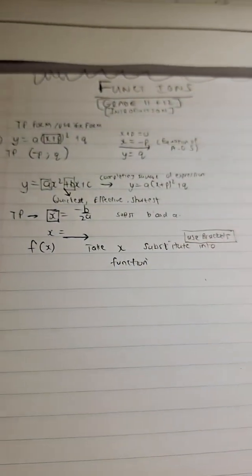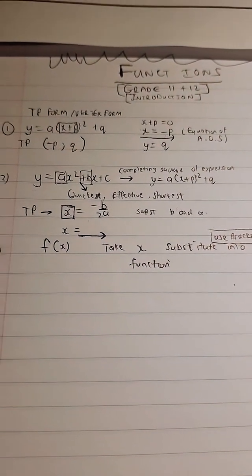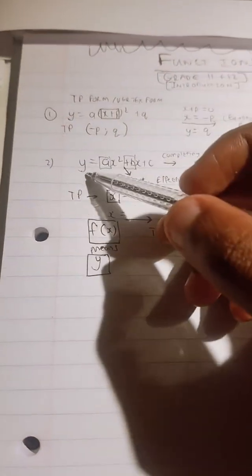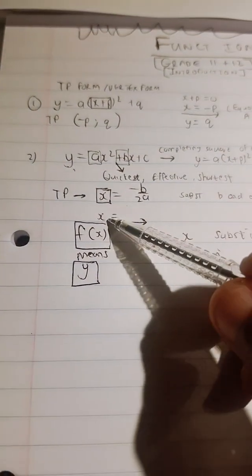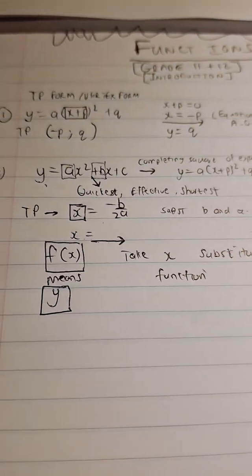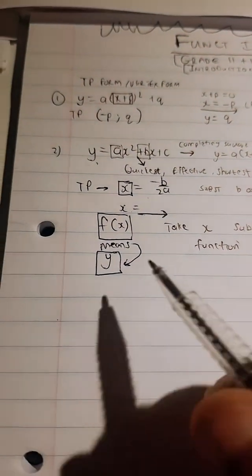Okay, Nontle, you have a question mark. What is the question mark for, my dear? Remember, f of x means y, and y is here, so you take the x value and substitute it in the place of x in the function. f of x means y, and y means f of x.